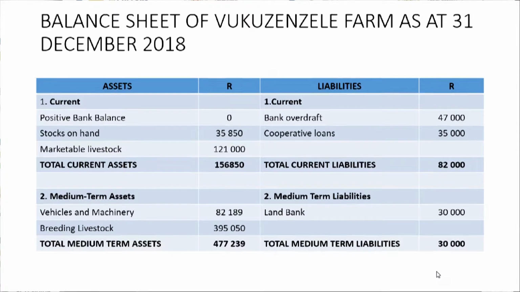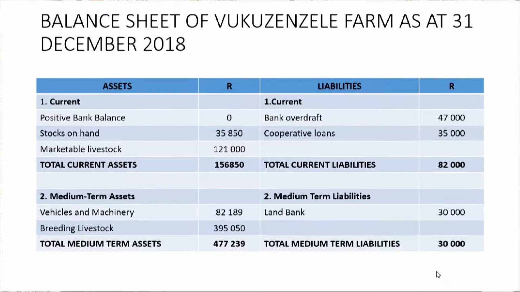The marketable livestock, which means the livestock that can be sold at any time and be converted into money, was 121,000. The total current assets was 156,850.